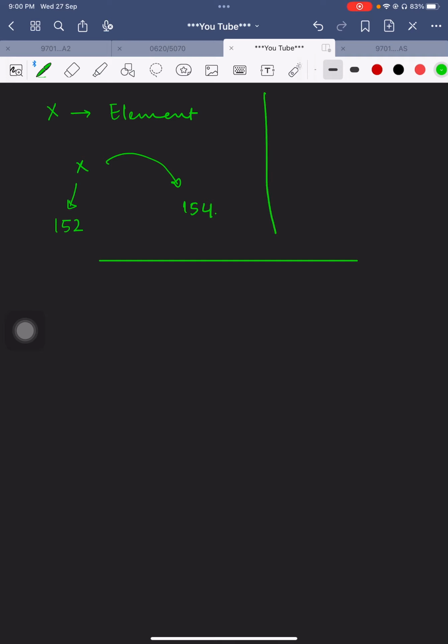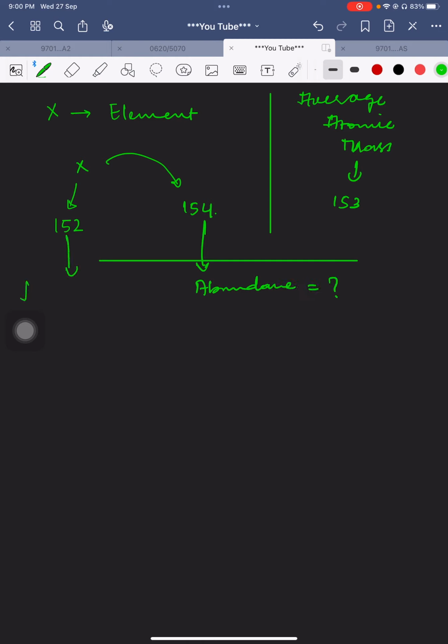Now the examiner is asking to calculate the relative abundance of each of the isotopes. We don't know the abundance of either.